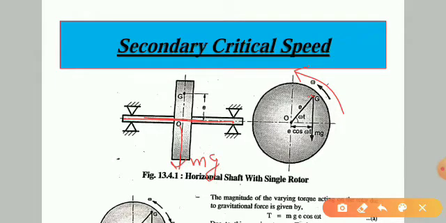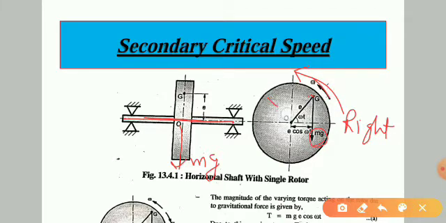When G lies on the right side of the center O, what will happen, and when the point G is on the left side of O, what will happen? When G is on the right side, the mg will retard the shaft, which means it will try to reduce the shaft motion.